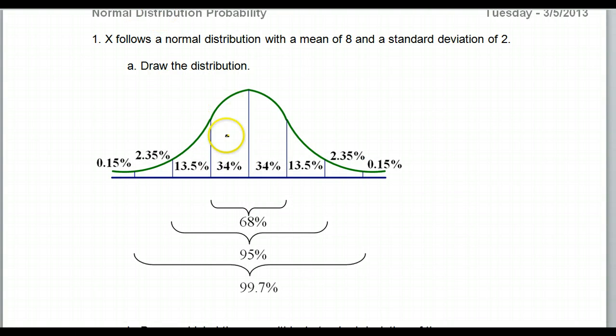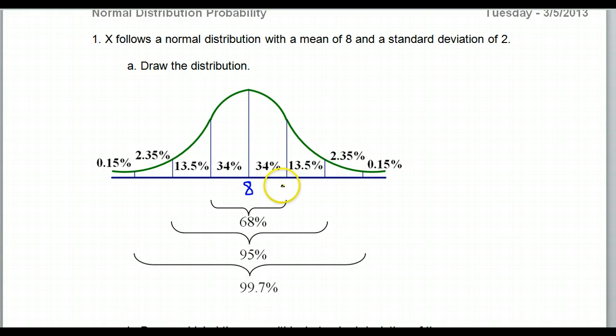Now, I think I shall cheat a little bit. So I cheated by copying this picture over, but you will have to draw it yourself. The mean is 8, so that goes in the middle. Standard deviation is 2, so to get the numbers going to the right, we are going to add 2 over and over again.